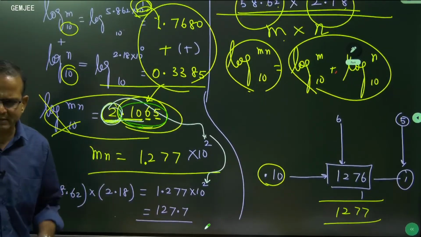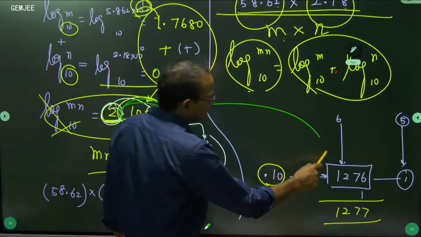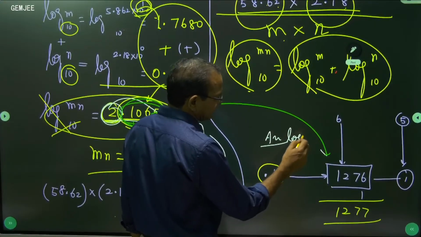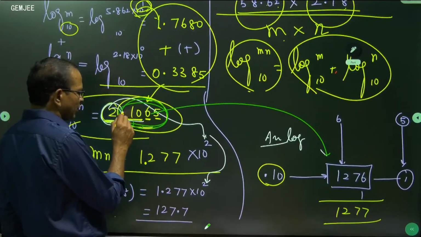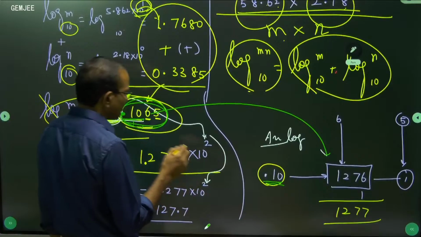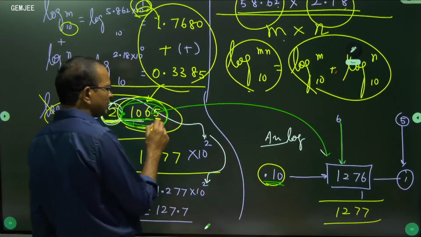Who is going to decide the rest of the value? Take the mantissa and put it in the antilog. I have already given the antilog table. Here there is already 0.106, again 6 with mean difference 5.